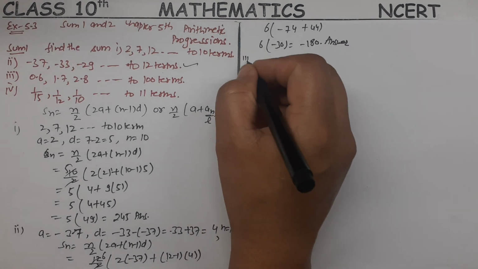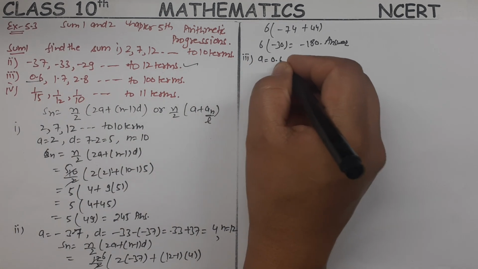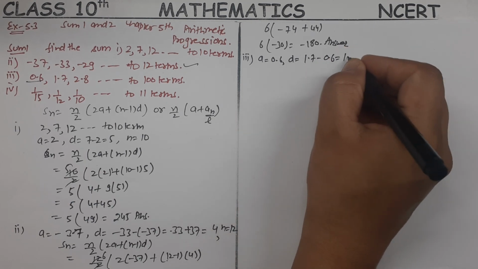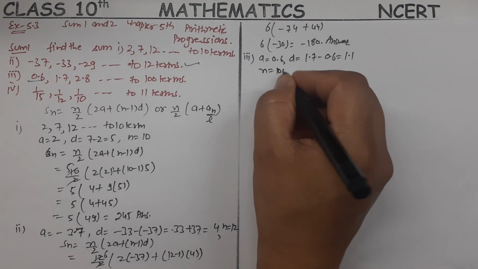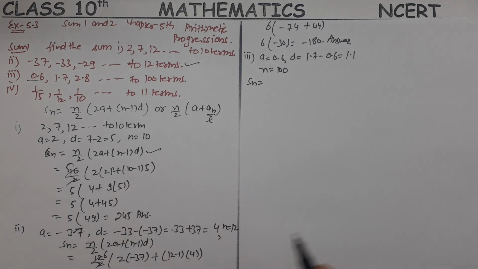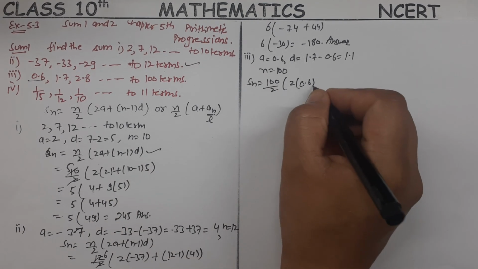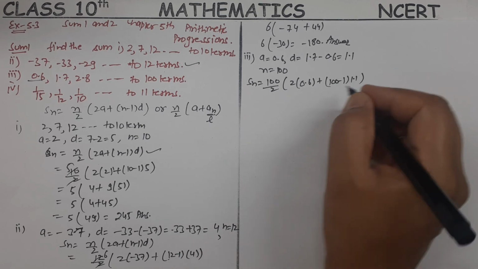Next is part third. A is 0.6, d is 1.7 minus 0.6, which makes 1.1, and n is 100. Sn formula: n by 2, 100 by 2, into 2a, 0.6, plus (n minus 1)d, d is 1.1.